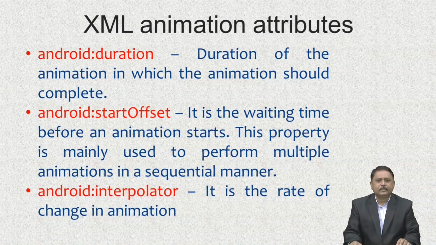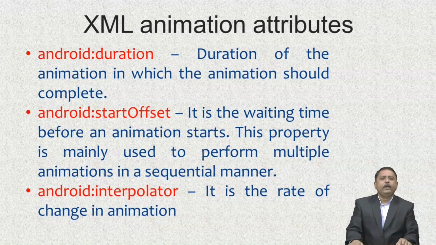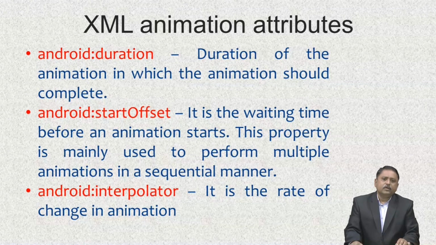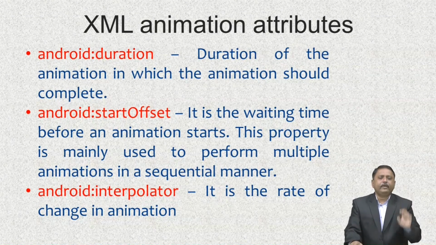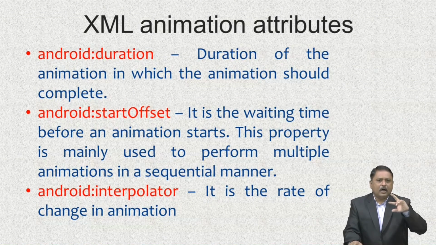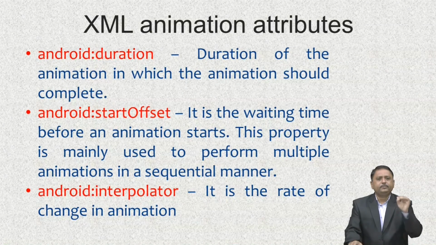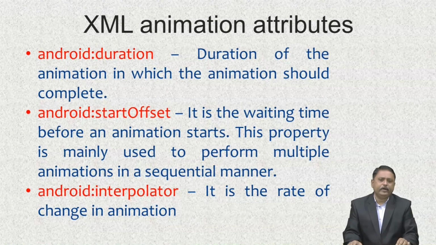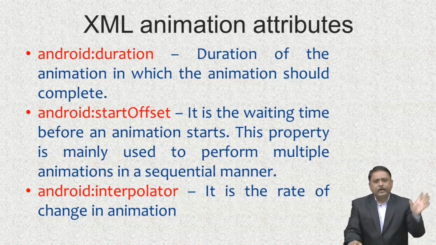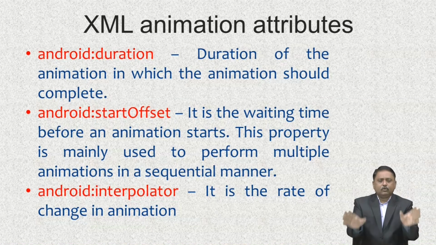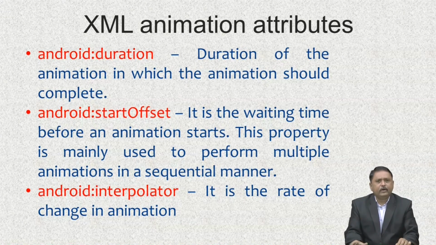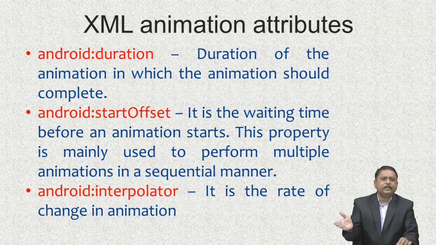So, inside start offset we also specify time, but it is the time that should be waited before the animation starts. Then we have interpolator. It is the rate of change of animation, how quickly or slowly your animation should perform. It is specified using interpolator. Now, there are multiple constants available that you can specify inside this attribute.